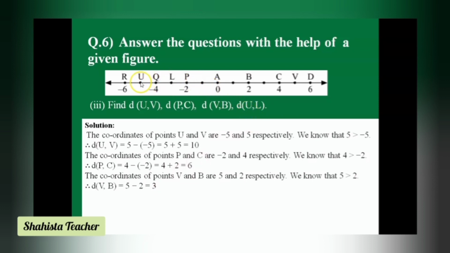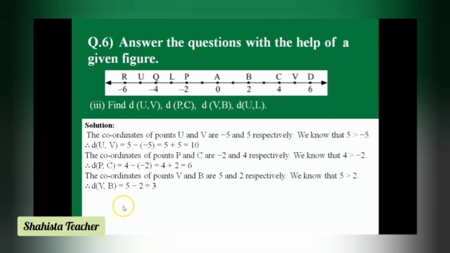Now the last is the distance of U to L. Here, as I told you before, U represents negative 5 and L represents negative 3. As I told you before, among negative numbers, the number that is smaller is actually greater. That means -3 is greater than -5. Yes, -3 is greater than -5.